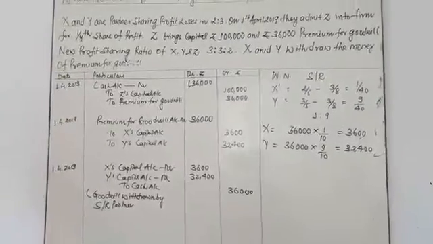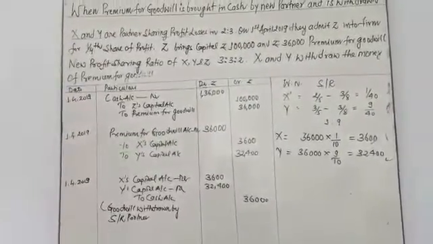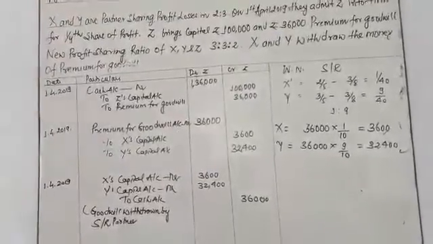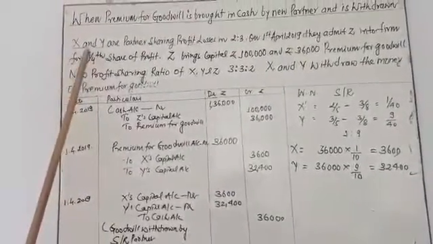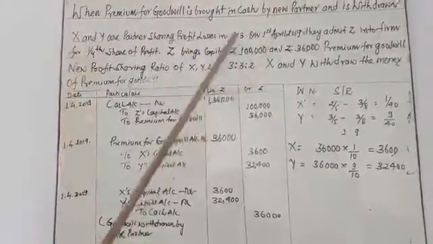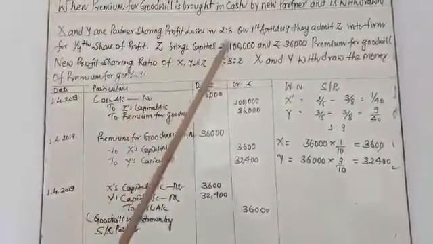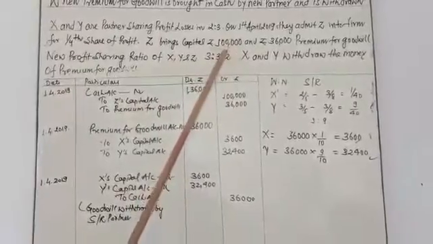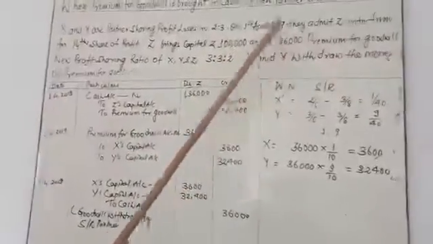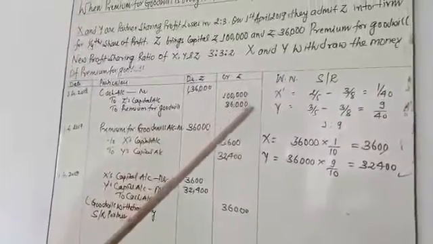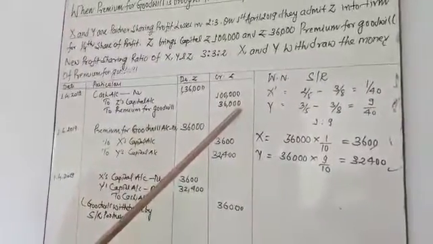Let us recall this once. X and Y are partners. Z is going to bring capital of 1 lakh and 36,000 as goodwill. So I record 1 lakh as capital and 36,000 as premium for goodwill.